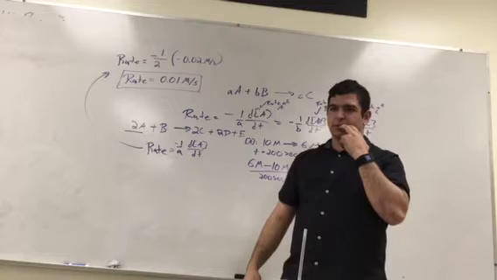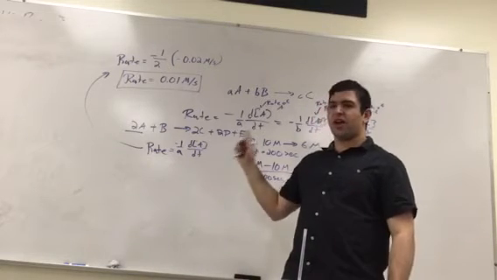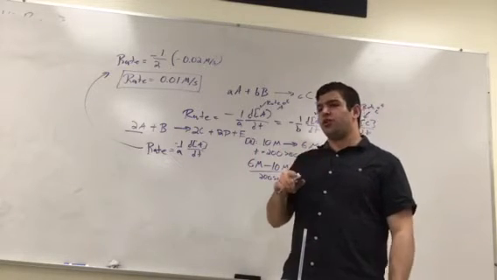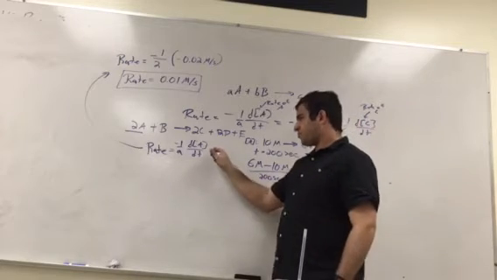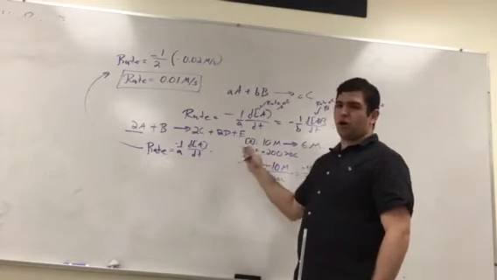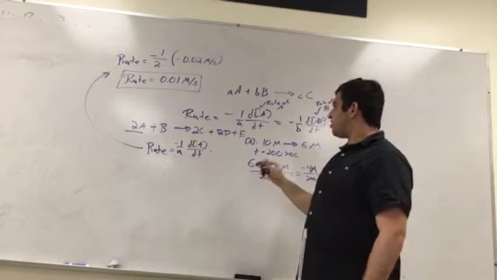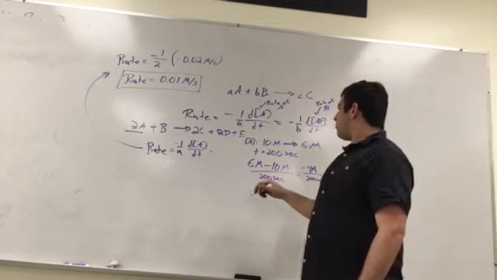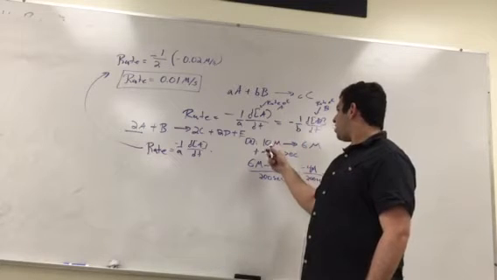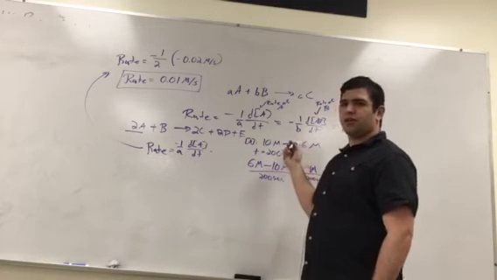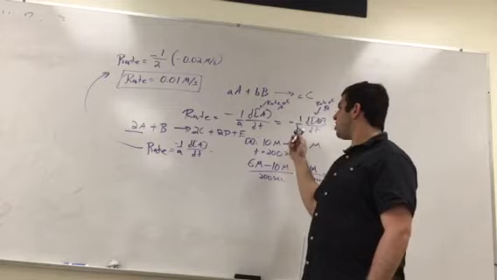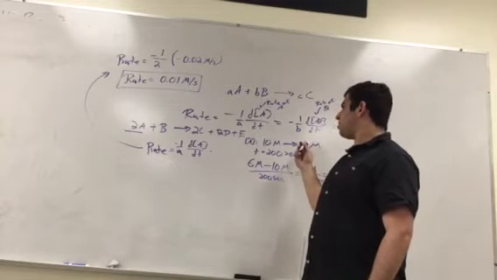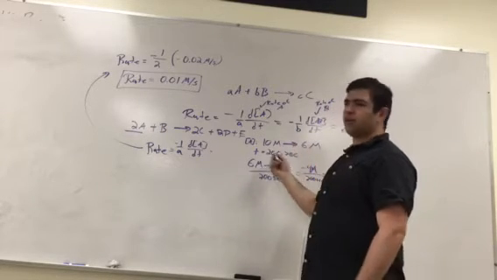If it gave you info for both A and B, you could use either one, and it should all equal each other. Let's say B went from 10 to 9 in 100 seconds.